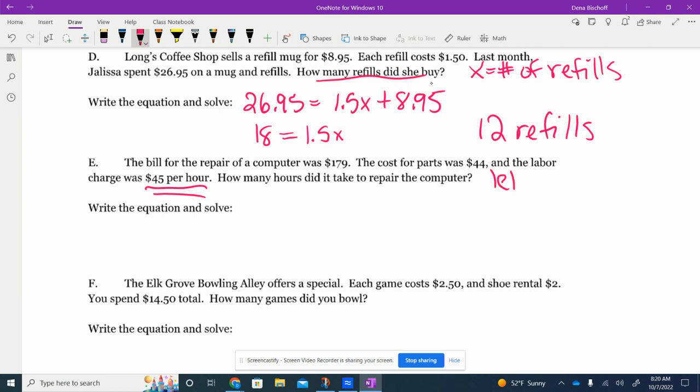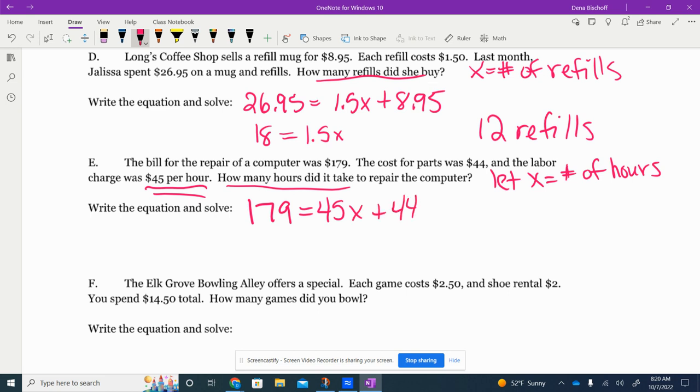So I'm going to let X equal number of hours because my variable is always the question. How many hours? So who can give me an equation? Someone different. Miss Lorelai. Yeah, 179 equals 45x plus 44.